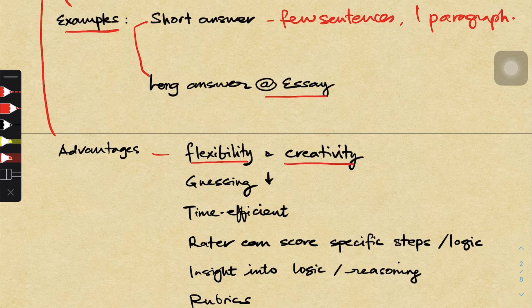And because there are no possible answer lists, no possible answers given, guessing tends to be reduced. So we do not worry about students guessing the answer from a list of possible answers. Students have to come up with an answer, so the guessing factor is reduced.